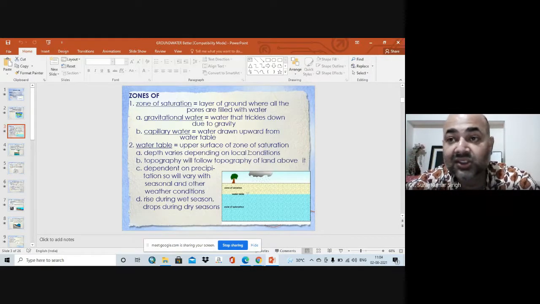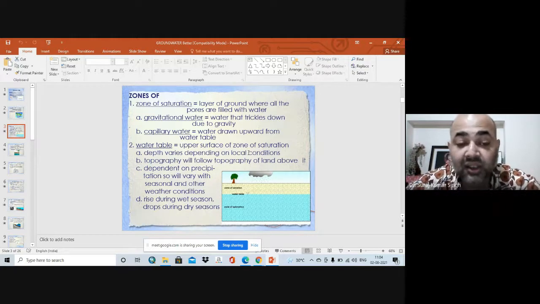As you are seeing, in many parts of the country you are facing floods, and in some parts of the country there is no rainfall and a drought-like condition. So it all depends on the precipitation, and depending on the precipitation, your water table will vary. You will see that in desert terrain the water table is quite low.